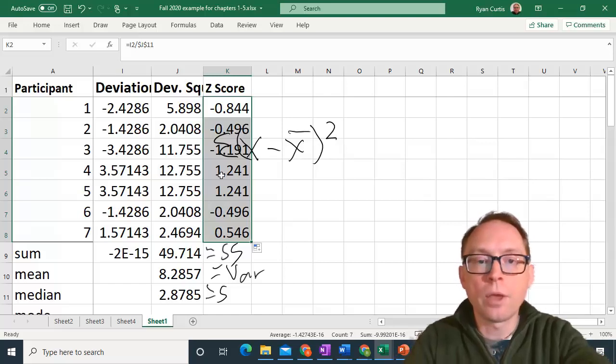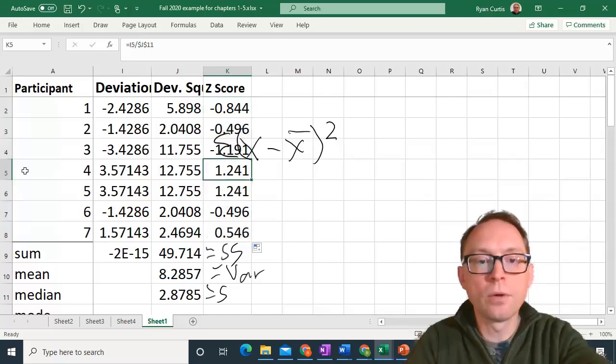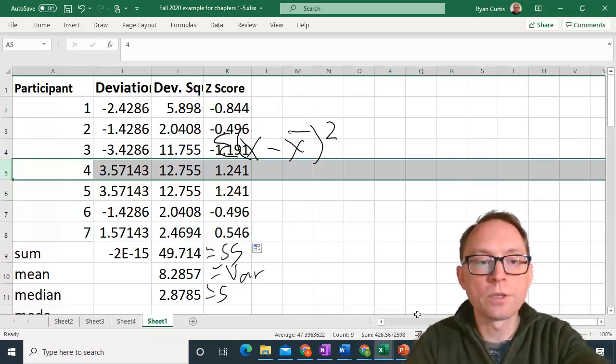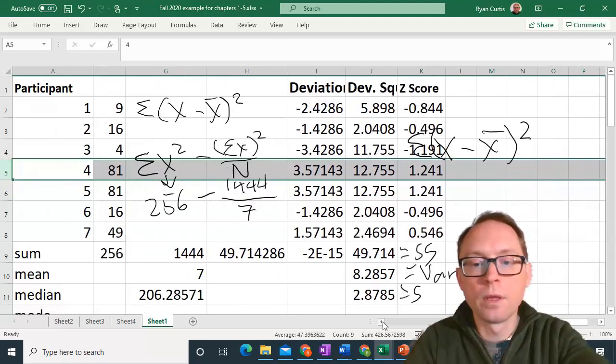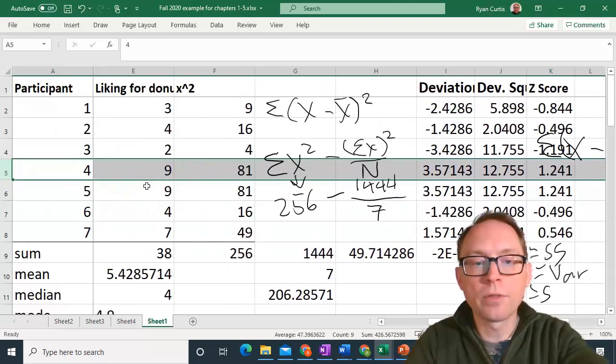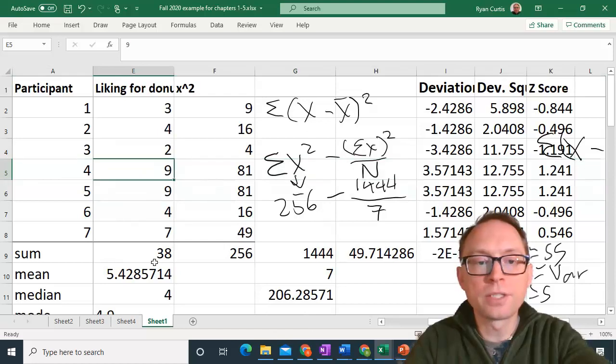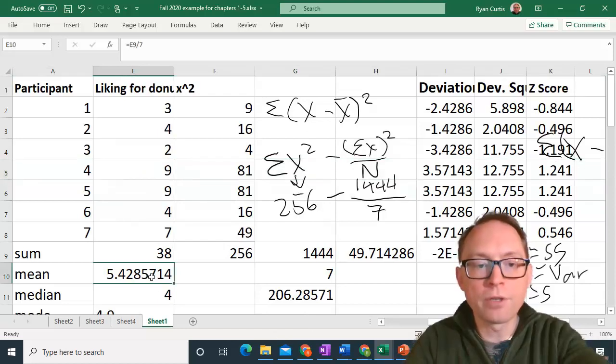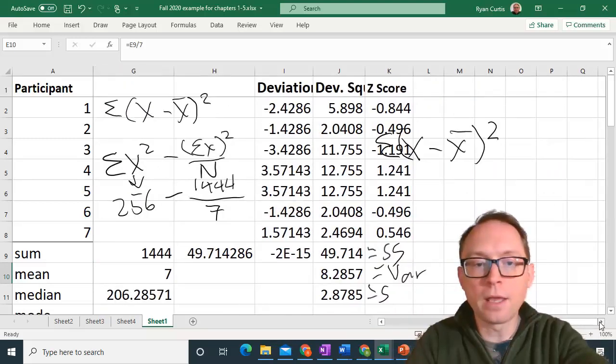Okay, you'll see then that this person, let's go ahead and look at participant number 4. If we go back to the raw data, they like donuts at a 9. The average is 5.43. Well, that means that their liking deviates from the mean.